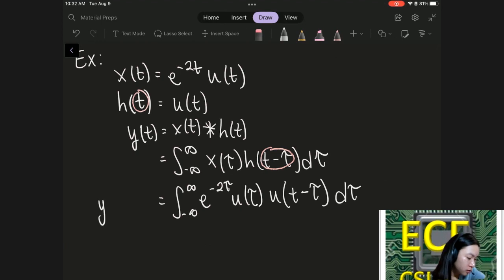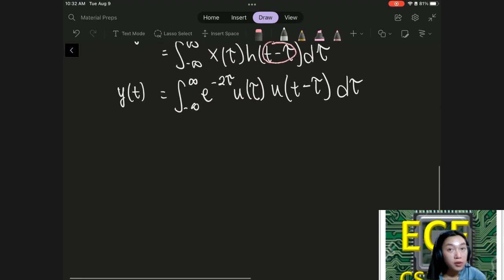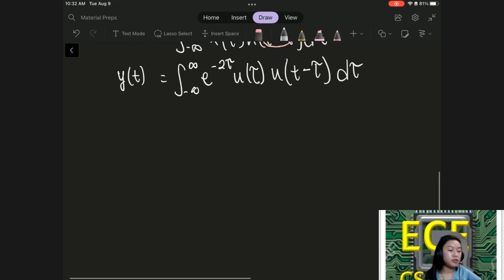Okay, so let me scroll up so I have room on the screen. So this is the integral you're going to be working with. And it looks really bad. But you can simplify this part.